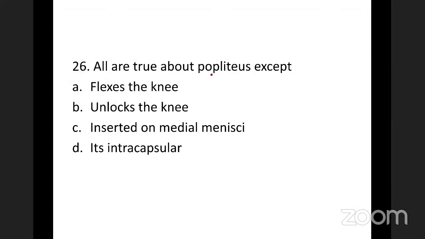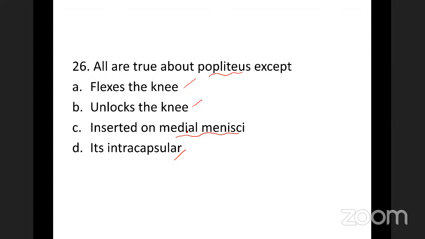All are true about popliteus except: flexes the knee, unlocks the knee, inserted on medial meniscus, is intracapsular. What is the answer, students? Students, am I audible? I will tell the answer.